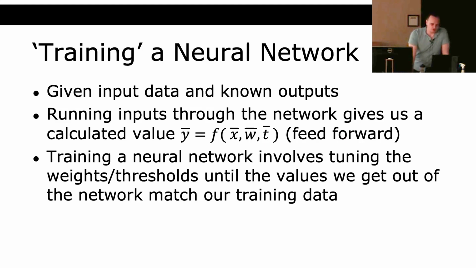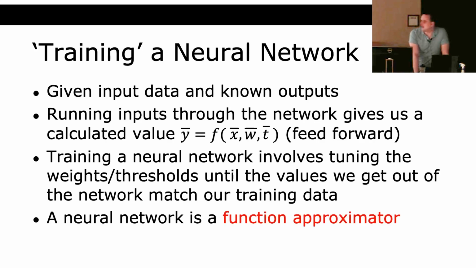Training a neural net involves tuning the weights and thresholds to get the network to match our training data as much as possible. And so really, a neural network is what we call a function approximator. It is approximating some function. And as we tune the parameters of that network, our function is getting more and more accurate with respect to the real function that we're trying to mimic.